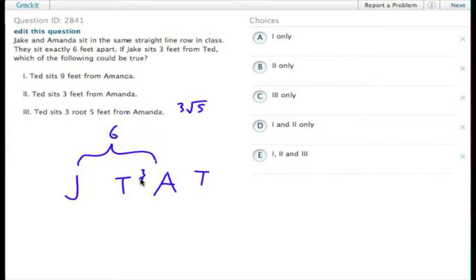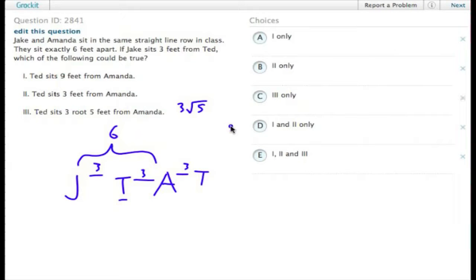So 3 feet distance right there, and 3 feet distance right there. So, in this case, when he's on the left between Jake and Amanda, he's 3 away from Amanda, and then he's 3 away from Jake here, because if the difference between Jake and Amanda is 6, and then he's 3 away from Amanda, he's at the midpoint. He's 3 away from each.